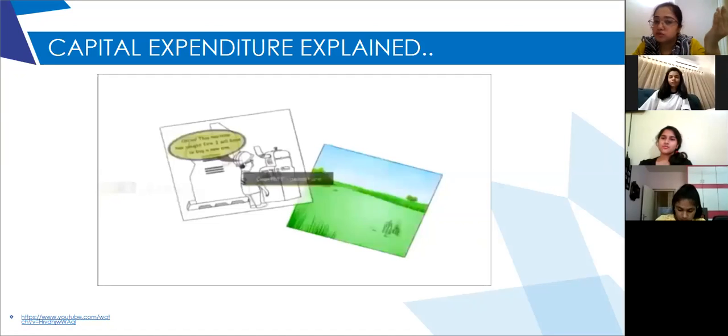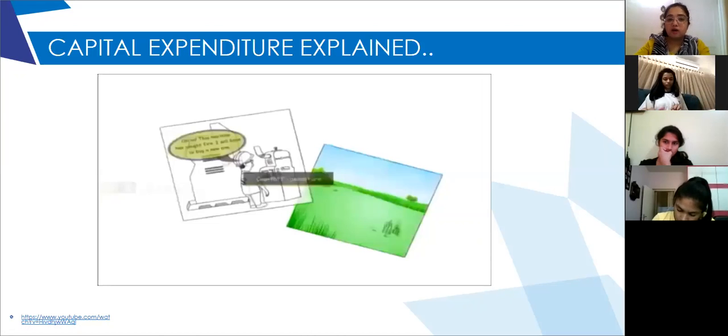So asset value is going up. And number three, it is non-recurring because on a day-to-day basis, large expenditures we cannot do. The day-to-day expenses will always come in revenue expenditure. Deferred I'll come to later. I don't want to confuse you now with deferred. First, I want the concept of capital and revenue to be totally clear. Then I'll go to deferred.